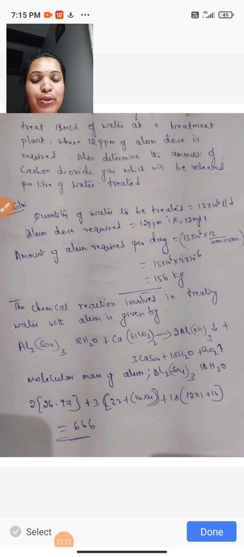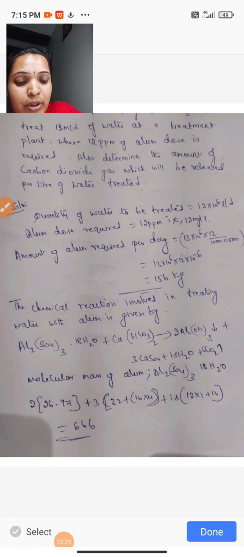For that we have to write what is the molecular mass of alum. So how to calculate the molecular mass of the alum? So here we have Al2(SO4)3·18H2O as the chemical formula.